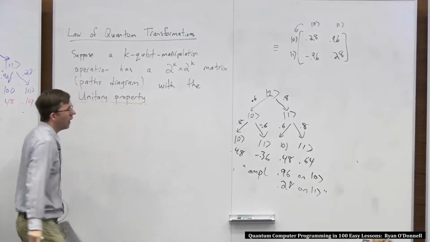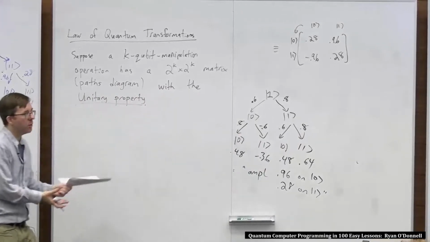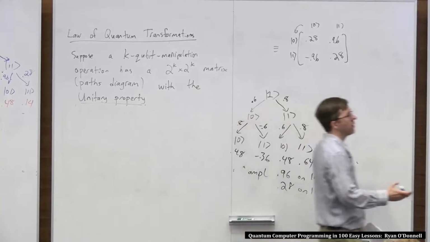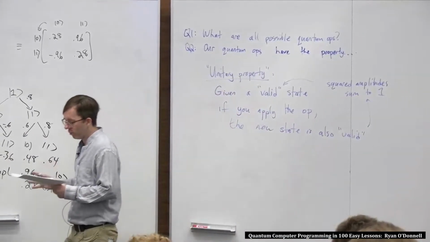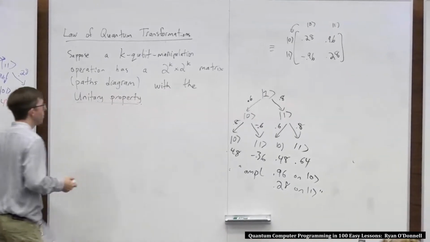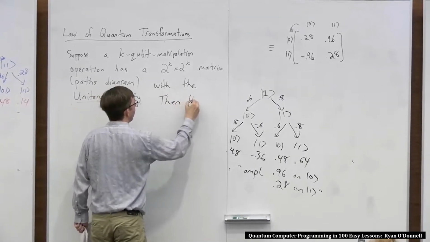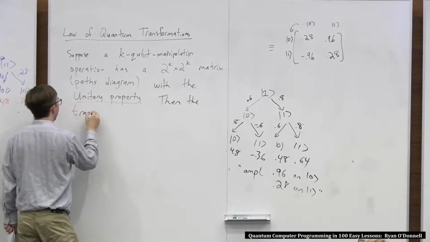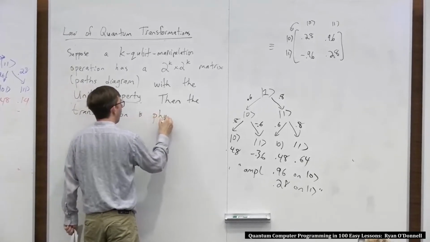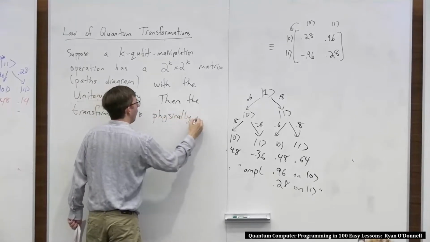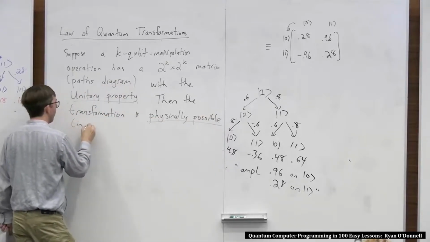You might have a hard time understanding whether a given transformation has this unitary property, that it always preserves the squared amplitudes summing to 1. But let's just say that you understand that it does have this unitary property. Then this transformation is physically possible. Well, at least in principle, I'll say.